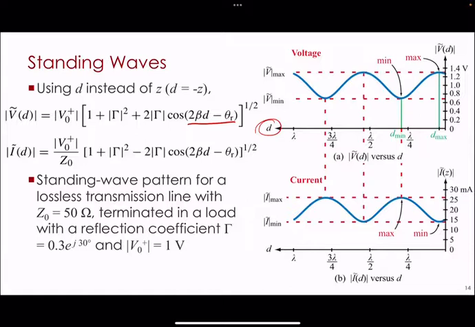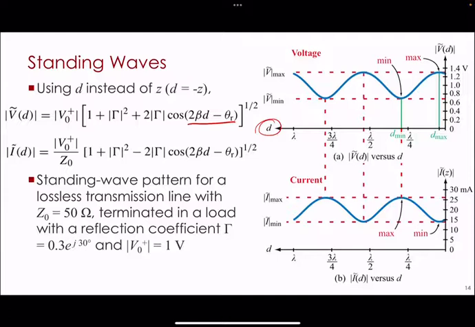So what's the magnitude of gamma? 0.3. And how would you visualize that, or what would you think in your head about what that means in terms of how much is reflected? Yeah, about 30% of whatever you send down. 1 volt amplitude, well, 0.3 times 1 volt, 300 millivolts, that's the amplitude of the reflected wave.